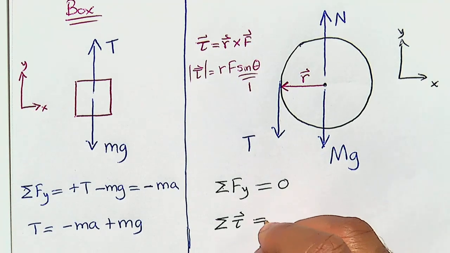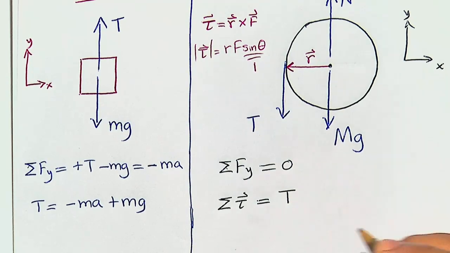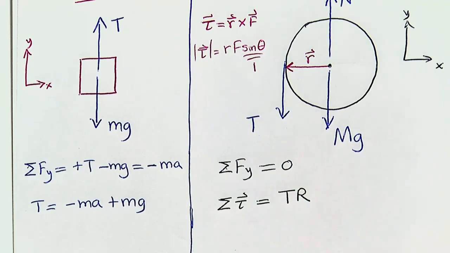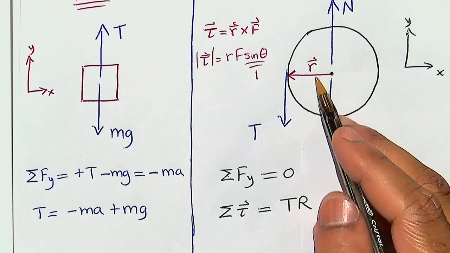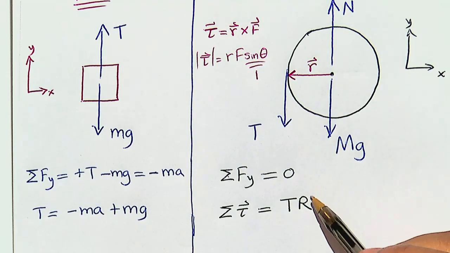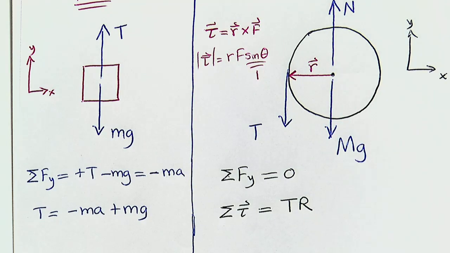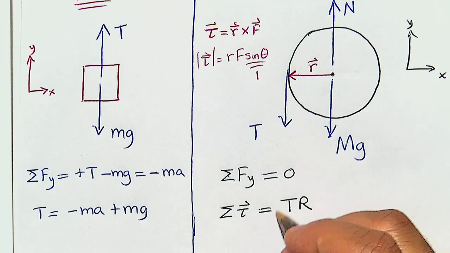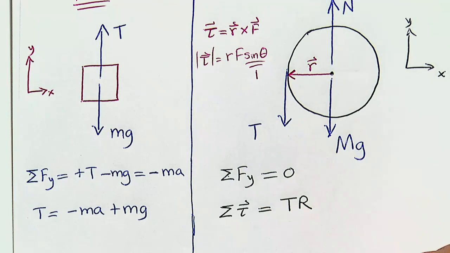So when you sum up the torques, the torque is the tension times that distance, which is the radius of the disk. When I use little r, I mean any distance; when I use big R in this case, I mean the radius of this particular disk. That's the only torque on the disk about the center point.